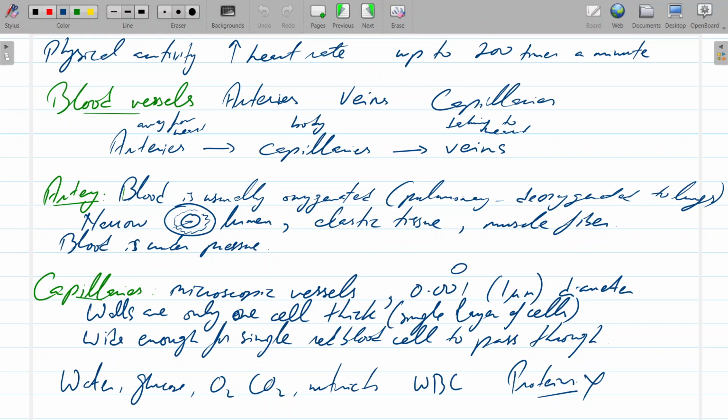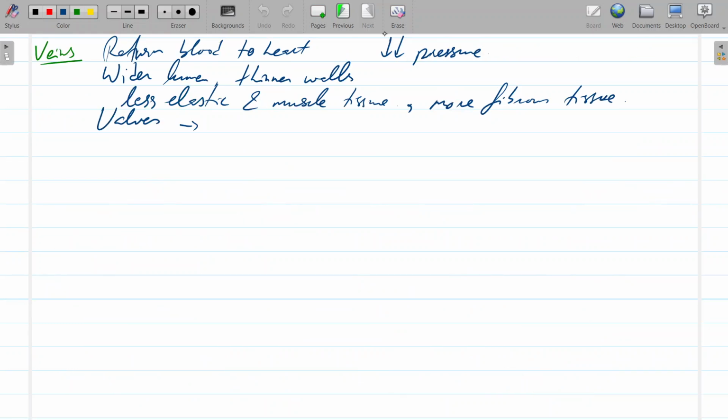In the veins it's under low pressure, so they have valves to prevent the backflow of blood. And also the contraction of the muscles helps push the blood forward in the veins all the way back up to the heart.